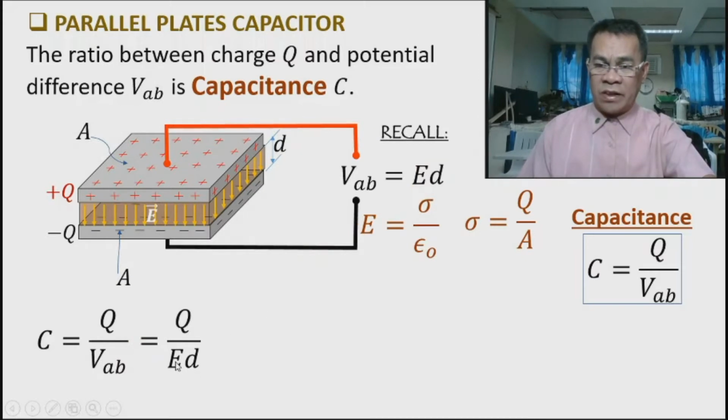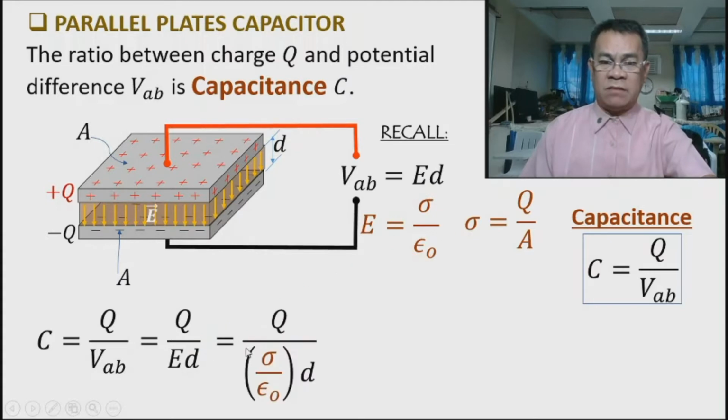And our electric field also is constant, remember, and it equals surface charge density divided by permittivity. So replace E with that value. Okay, so now we have Q over the surface charge density divided by permittivity, times the distance between the plates.